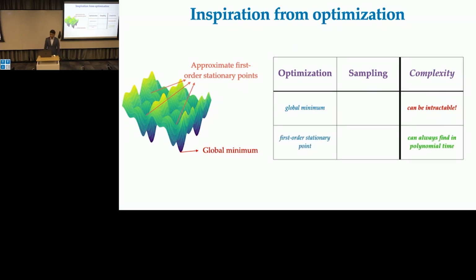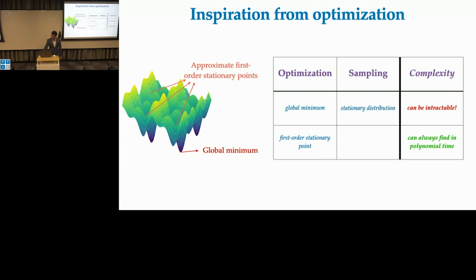But if you wanted to find a point where the gradient is small, that is a local optimum or a first-order stationary point, then this is something you can always find in polynomial time, given some mild assumptions on the function. And your algorithm is to simply run gradient descent. Just go down, and you will eventually at some point hit one of these points of low gradient.